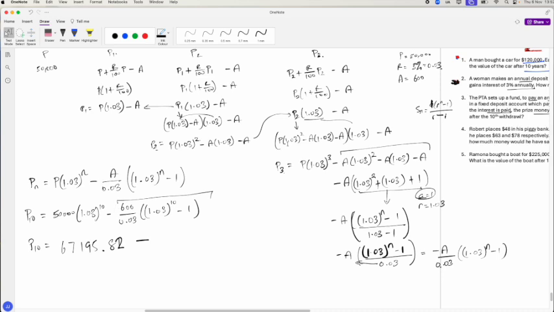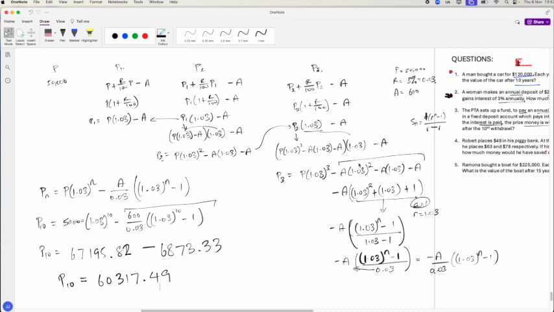And we end up getting about 6873.33. And so our final answer is going to be $60,317.49. So these here you definitely have to be careful with.